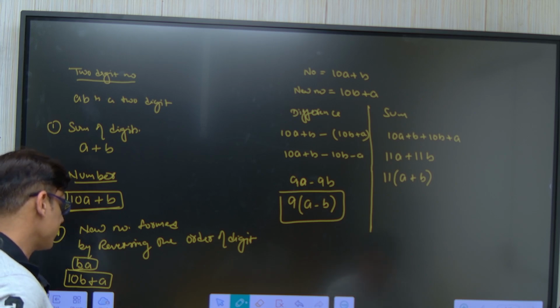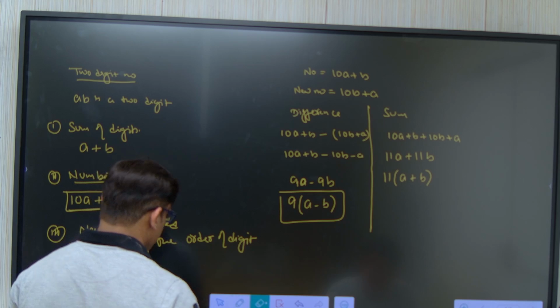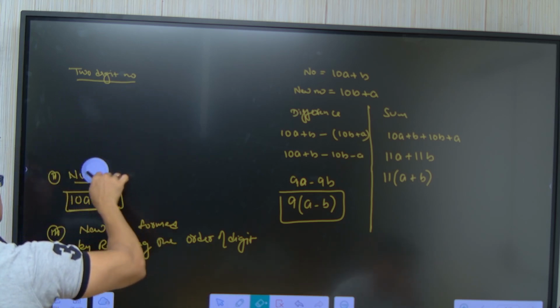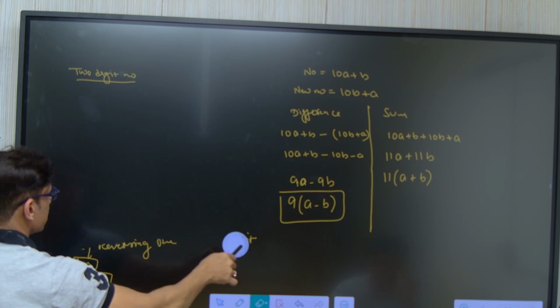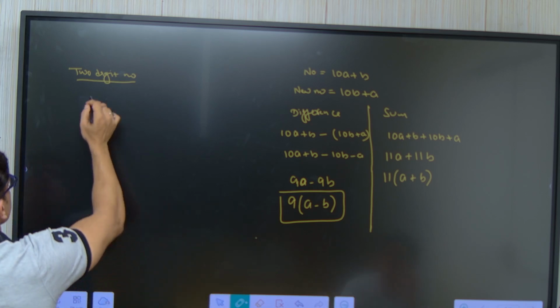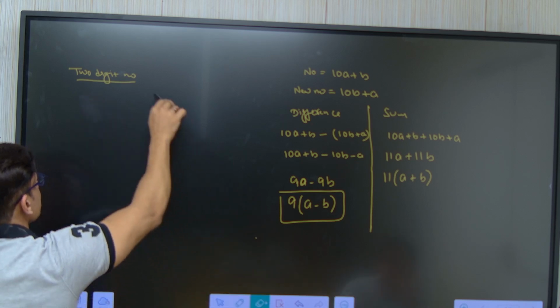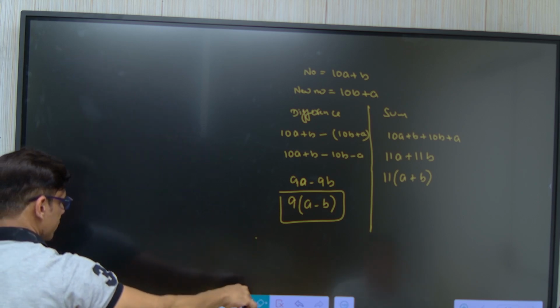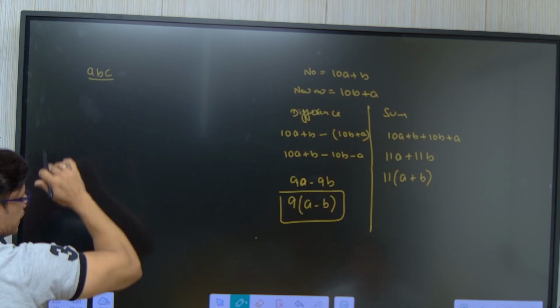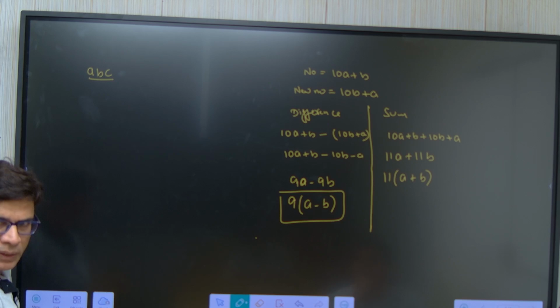Now what about a 3-digit number? Suppose there is a number ABC. The sum of digits is A plus B plus C, right?